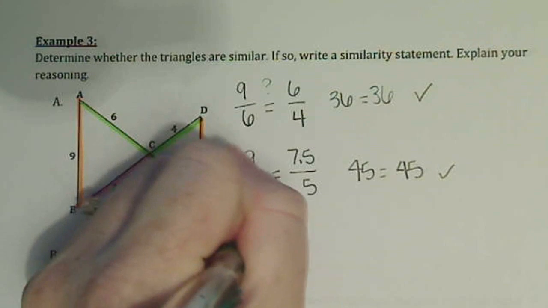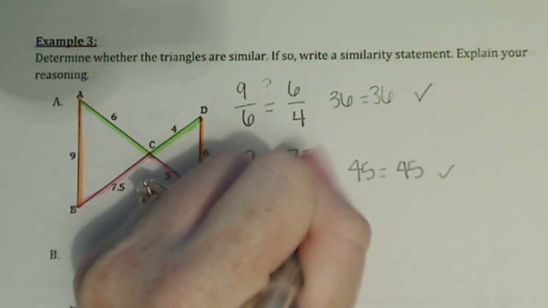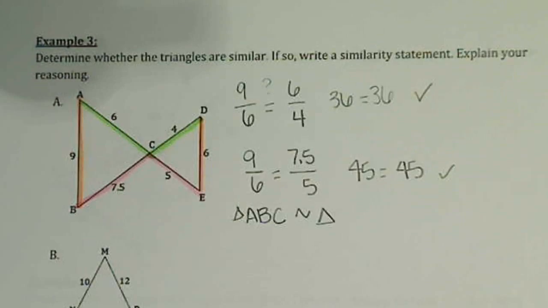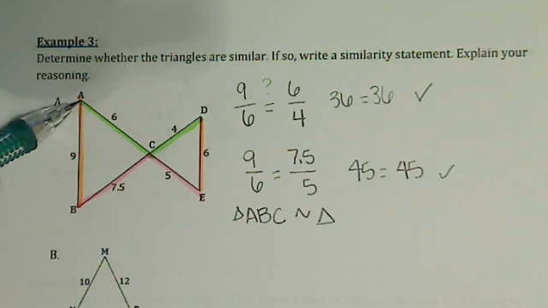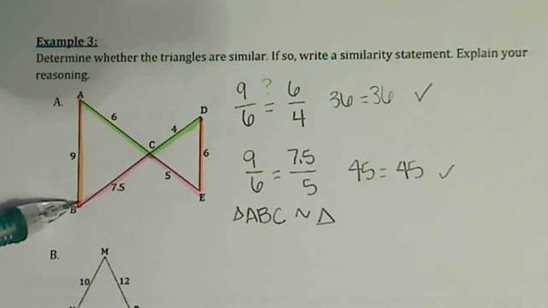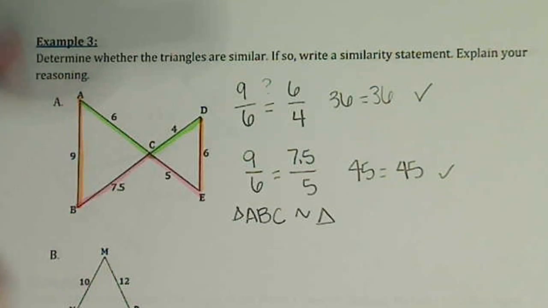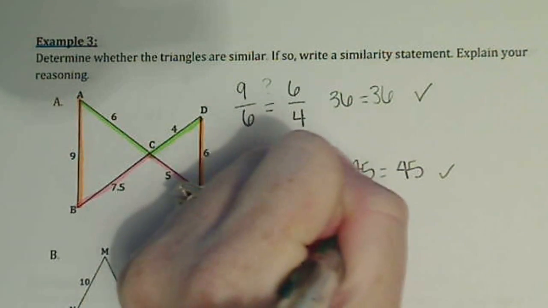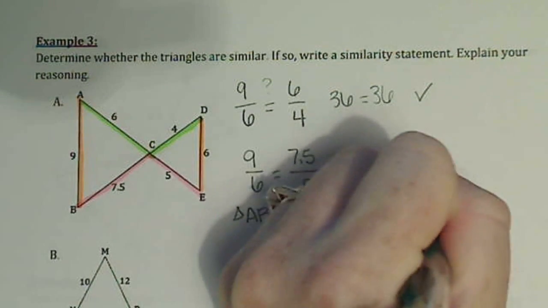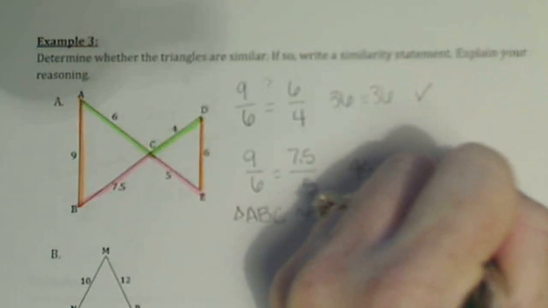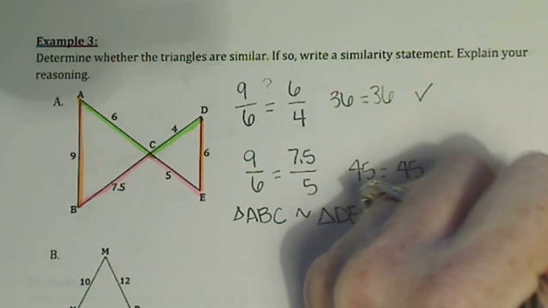Triangle ABC is similar to triangle. Now remember, order matters. I went from the orange and green down to orange and pink. So D, E, C. And it is by side, side, side similarity.